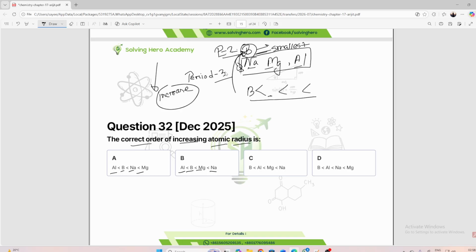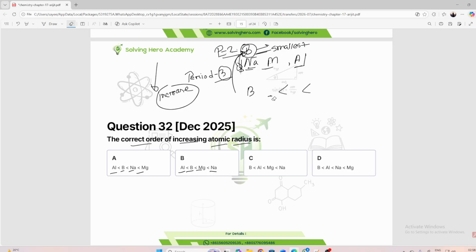And if you look at period 3, sodium, magnesium, aluminum, we know that if we go left to right, wait, let me clear it.